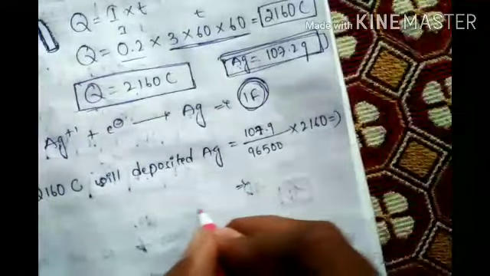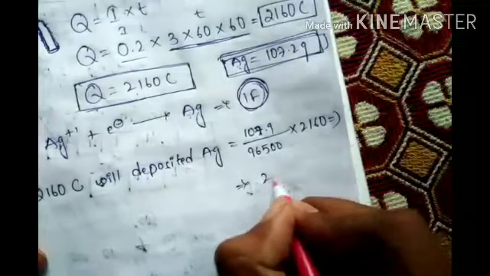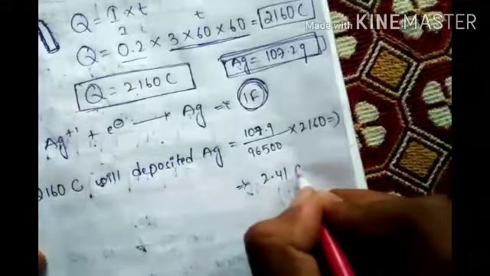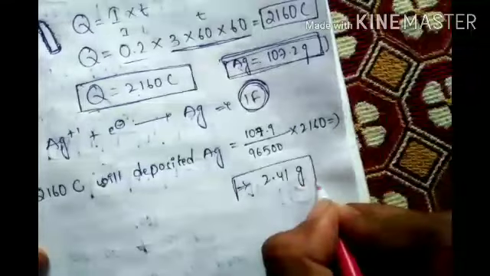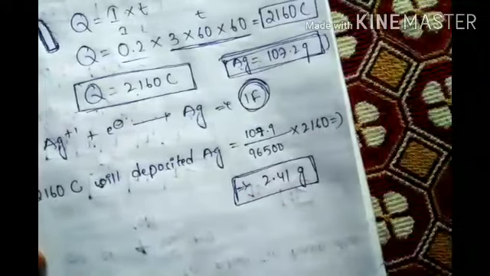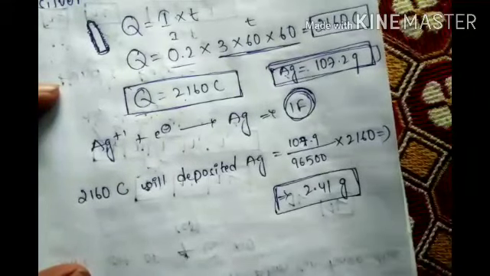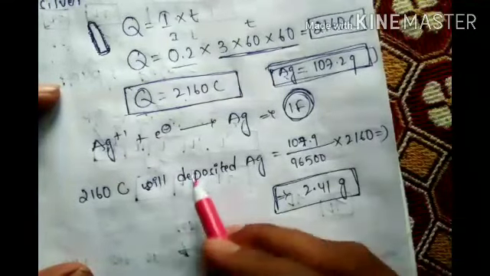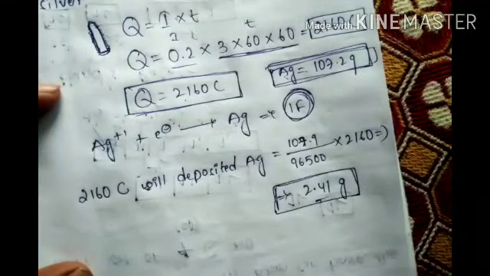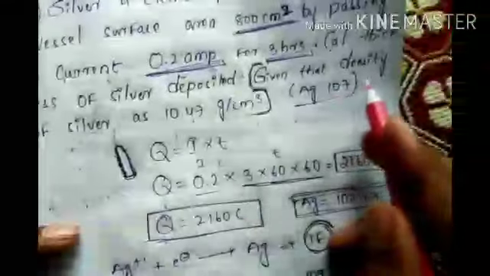Now finally, how much? 2.41 grams deposited. But he is not asking how much is deposited. He is asking the thickness. Okay, answer over for the mass, but he is asking thickness. Look here, thickness.